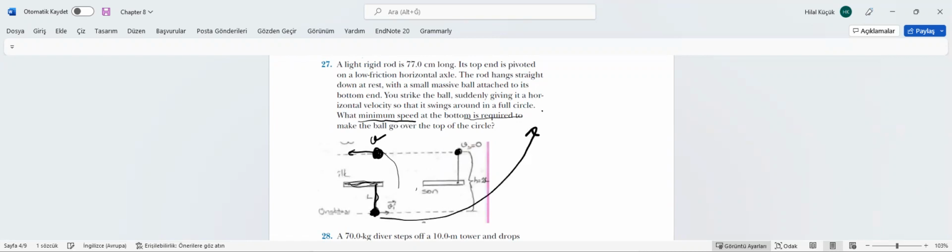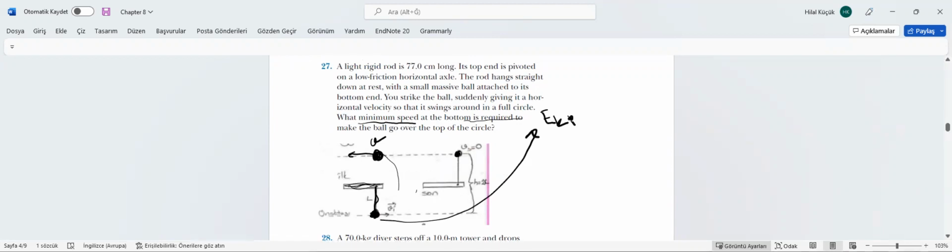It means please come here, at the initial state, because my kinetic energy at the initial state is minimum. And then you convert all energy to potential energy. Did you understand this part?